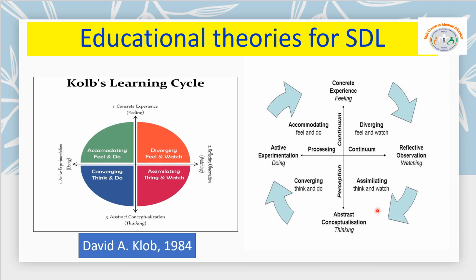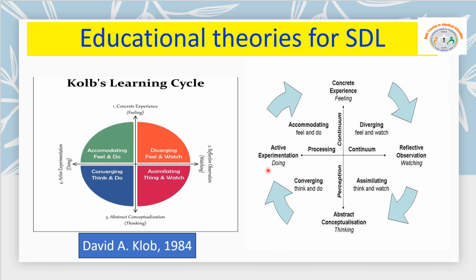In abstract conceptualization, the learner plans or forms new ideas, since they have been given many ways to make the didactic lecture interactive. Among them, the learner thinks, these I can use in my own working place to make my lecture more interactive. So this is abstract conceptualization, where the learner forms new ideas.